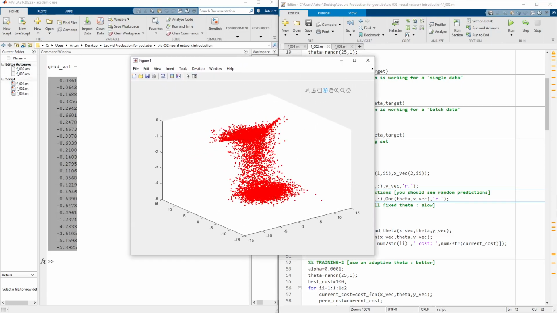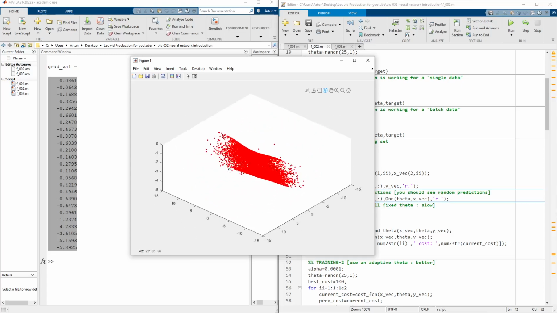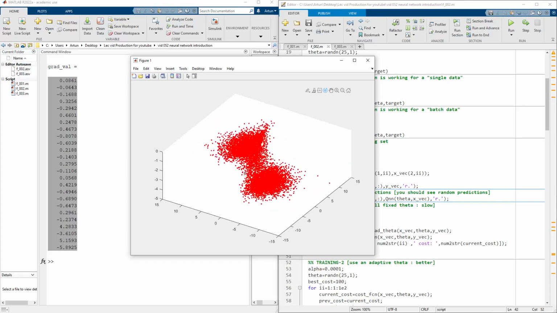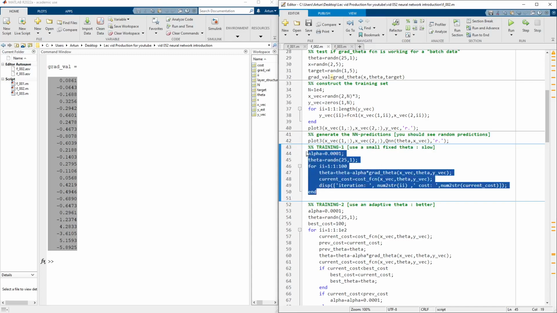If you notice, it doesn't look like a Gaussian function. So we will tune theta parameters so the outputs of that model will look like a Gaussian.